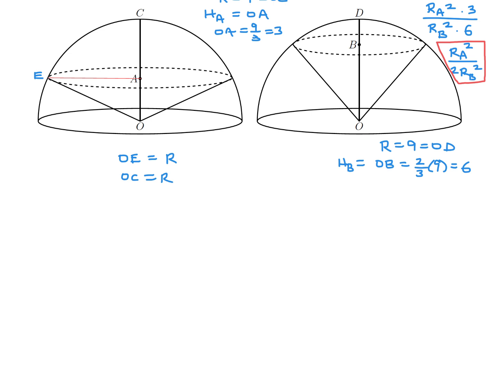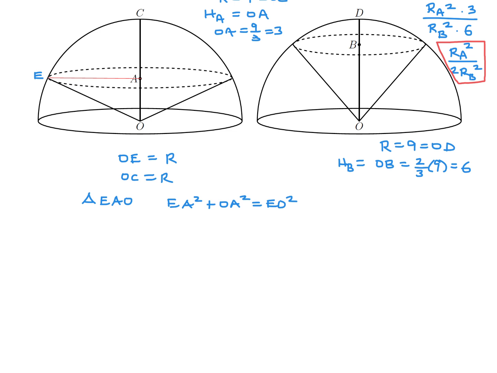Okay, and then in that triangle EAO, it's a right triangle. So that means that EA squared plus OA squared would be the same as EO squared, correct? So EA, do we have any of these values here? I don't think we do.